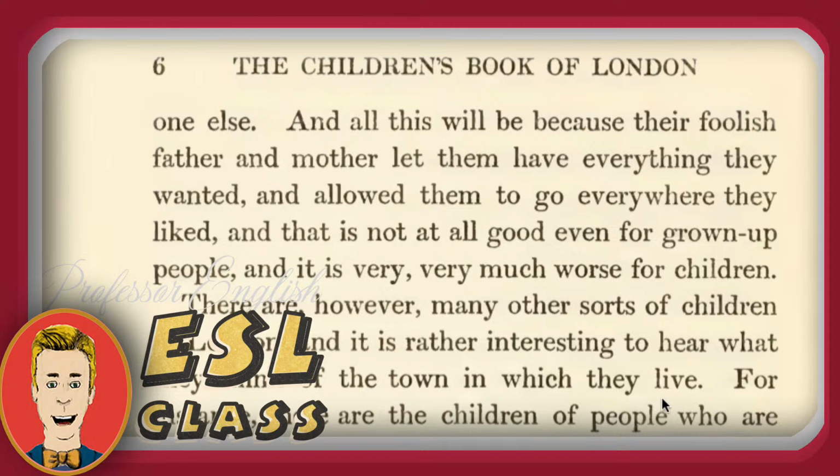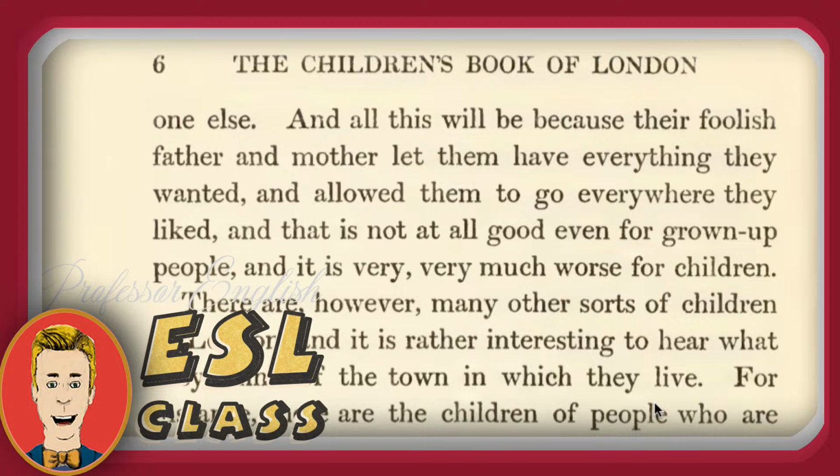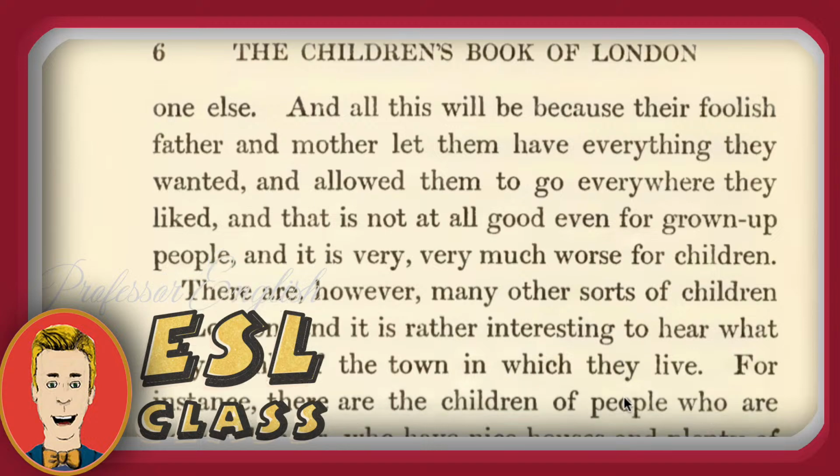These children are spoiled little children. Allowed them to go everywhere they liked, and that is not at all good for even grown-up people. Remember, grown-up means adult. So that's not even good for adult people. If you never say no to adults, it's just as bad as if you never say no to a child.